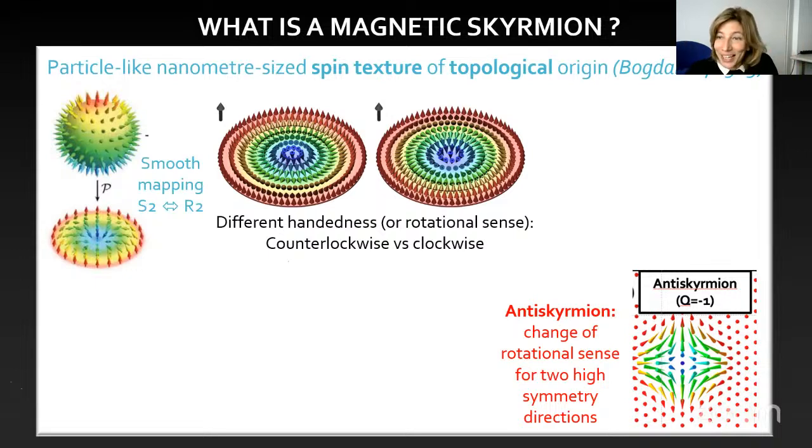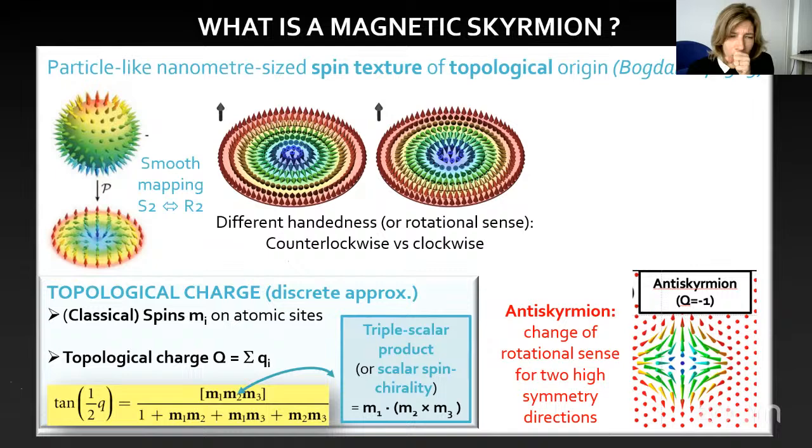And these are typically 2D spin textures, but then you can think about their topological charge by wrapping this 2D sheet of spins around a sphere. And so they are characterized by a topological charge. There are different descriptions, but in our case, we had a triangular lattice with spins localized on sites.